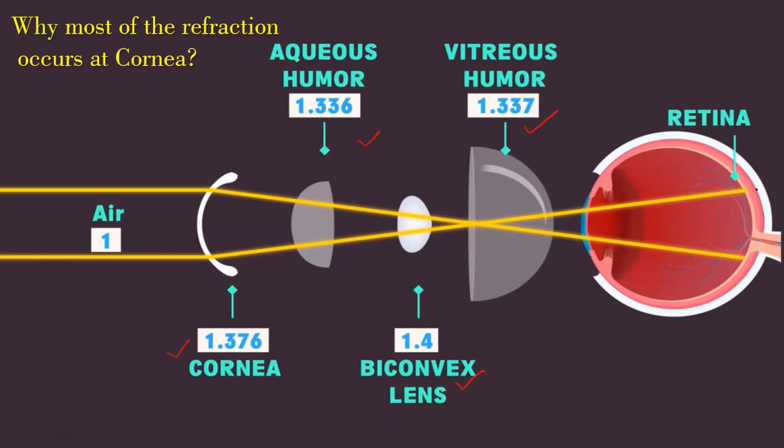So out of these, the difference between the refractive index of air and cornea is the highest. That's why the most refraction is going to take place at the cornea.